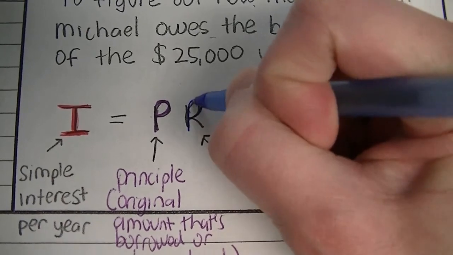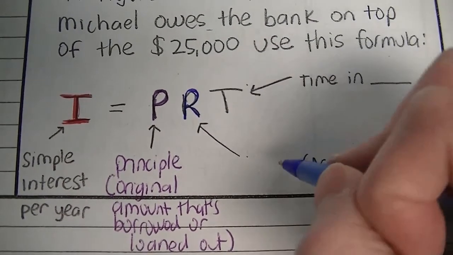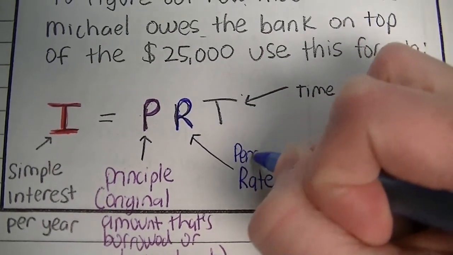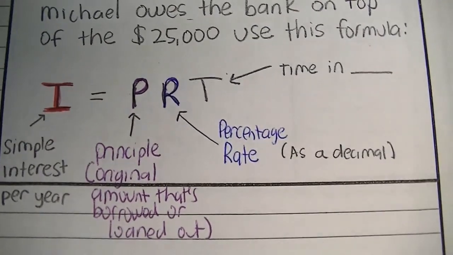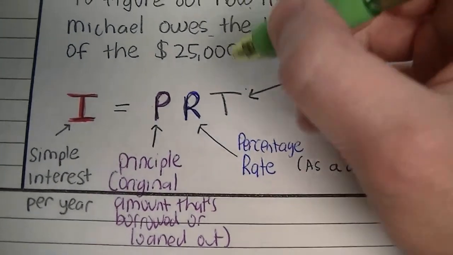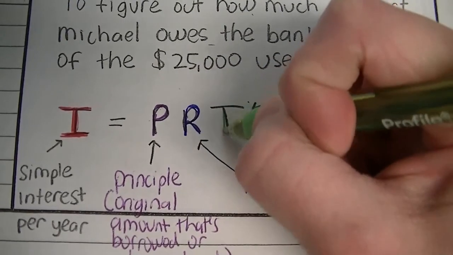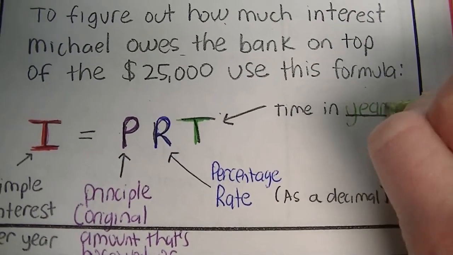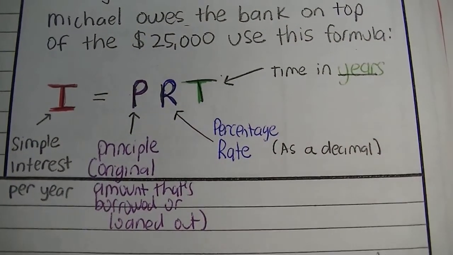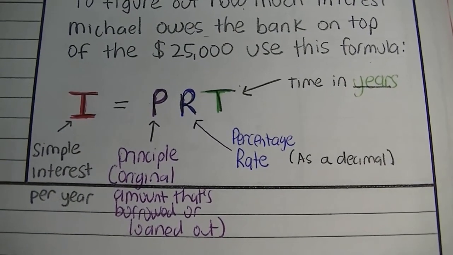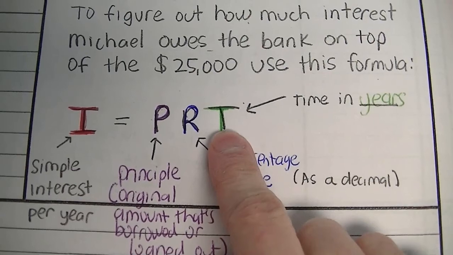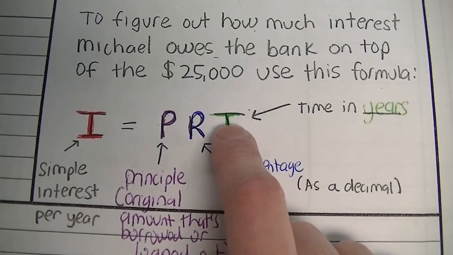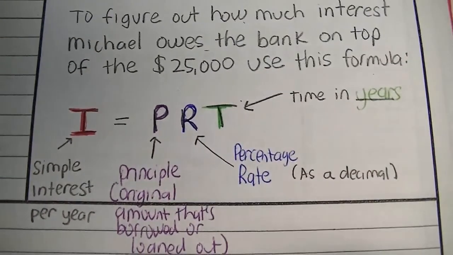So if you have a percentage, you want to write it as a decimal. And the T represents time in years. So if you have something for 6 months, you would not put a 6 right there, because that would be 6 years. Since 6 months is half of a year, right here you'd put 1/2 or 0.5, okay?